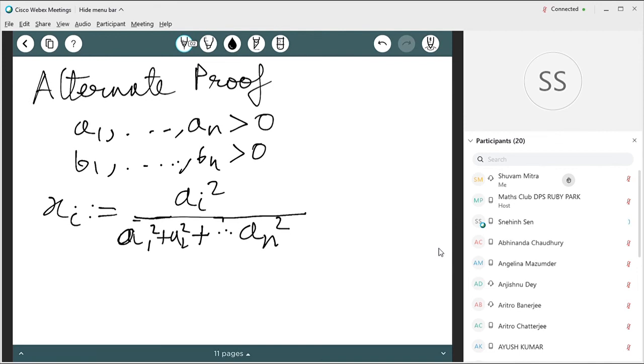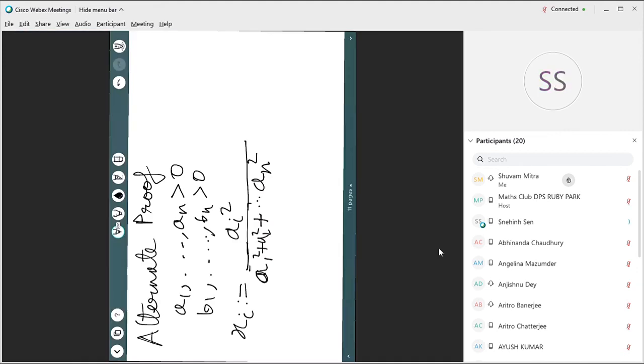Do we need to prove Cauchy-Schwarz in the exam? No, we don't need to prove Cauchy-Schwarz. As I said, you can assume Cauchy-Schwarz and AM-GM and QM-AM.